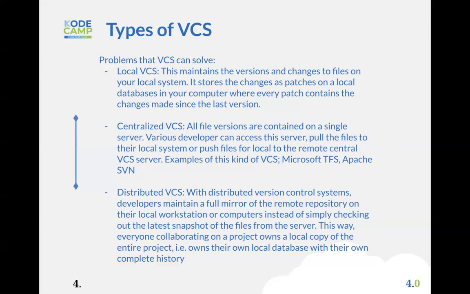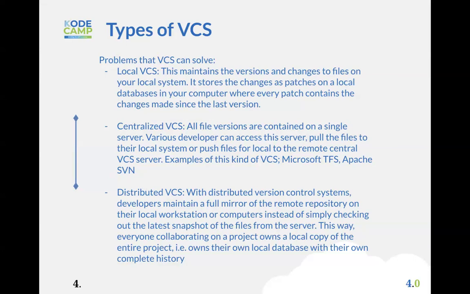And various developers can have access to that server to make updates or get updates to the files. However, the same problem of a single point of failure, that is, if something happens to your central version control server, a lot of changes can be lost. A lot of problems can come from data loss and data inconsistency.